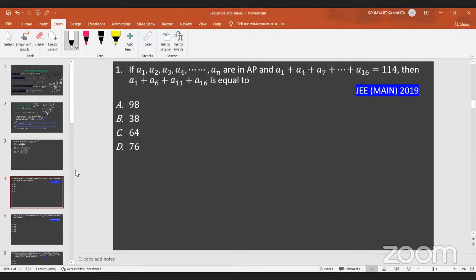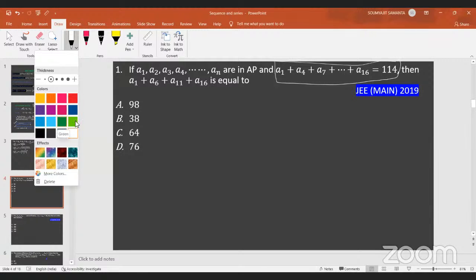A1, A2, A3, A4, dot dot AN are in AP, and one condition is given: A1, A4, A7, A16 sum up to 114.